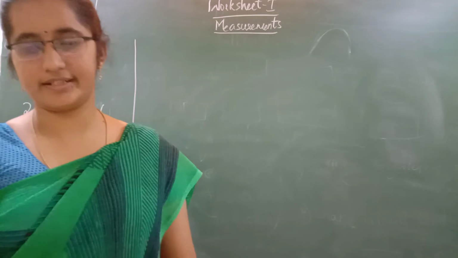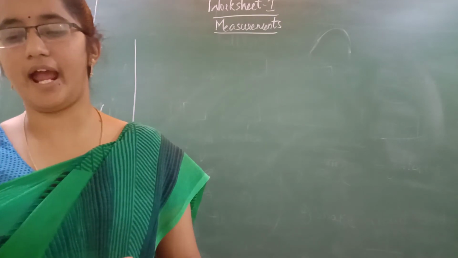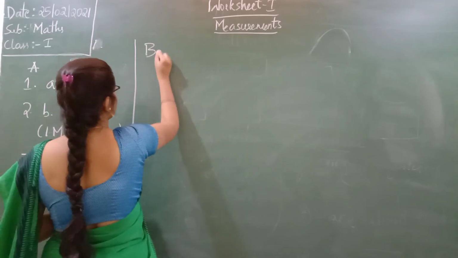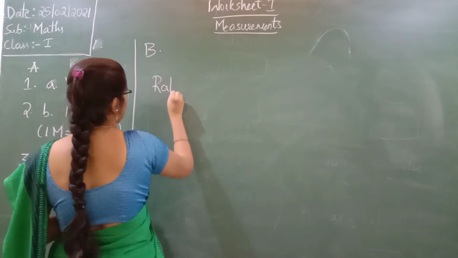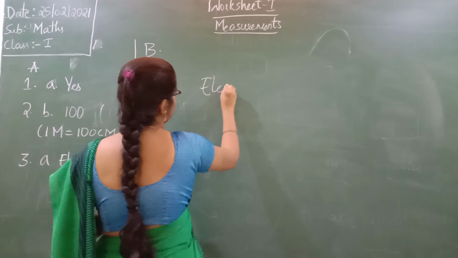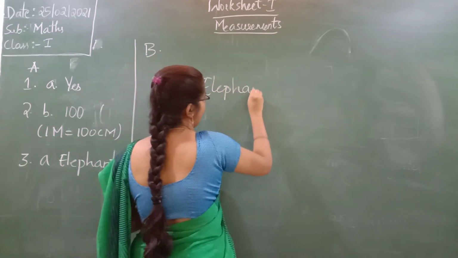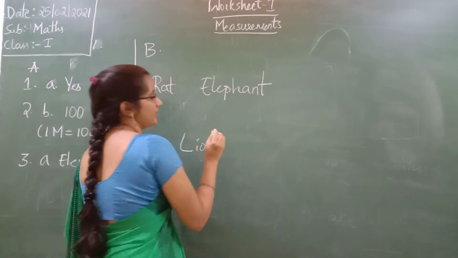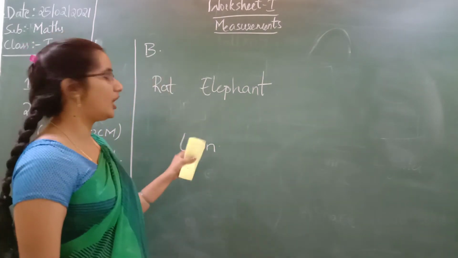See here, lightest. Here there is a rat, an elephant and a lion. Look in your workbooks. We have 3 animals: rat, elephant and lion.